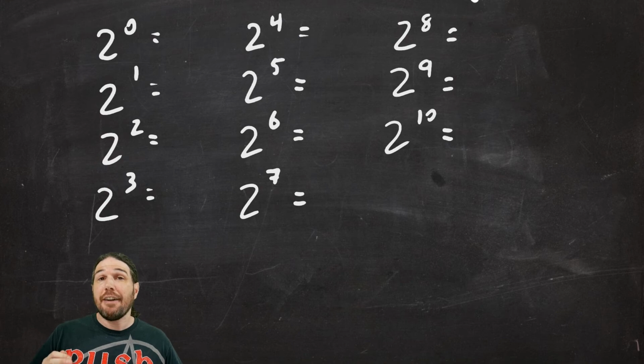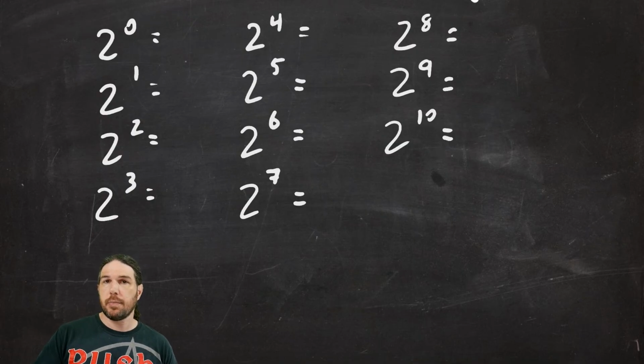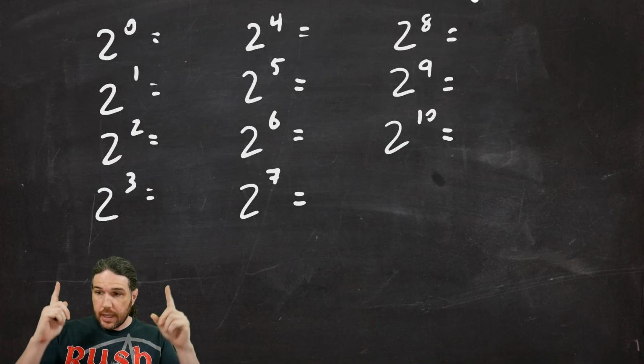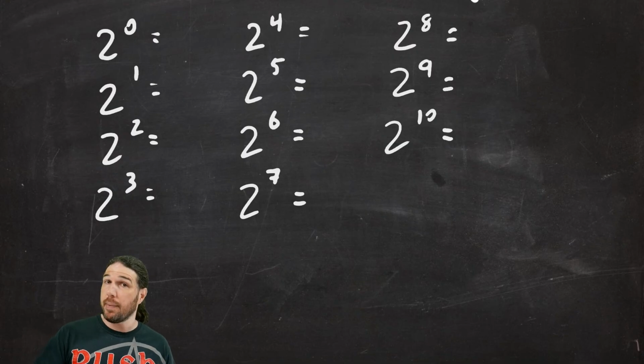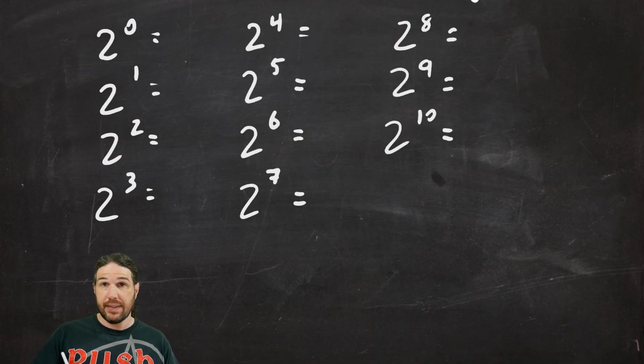I have found that both in math and in life, on occasion, it has been useful to have the powers of 2 just stored away in my memory so that I can pull them out whenever I need to. And here they are. I recommend you write them down. I recommend that you make flashcards and really put some time into memorizing these. It will make your life a lot easier in the long run in this class.